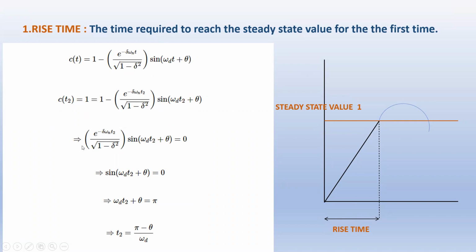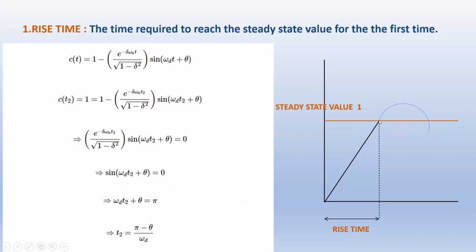As the exponential cannot be 0, we can equate the sinusoidal term to 0. And we know that a sinusoid will be equal to 0 for any multiple of pi.